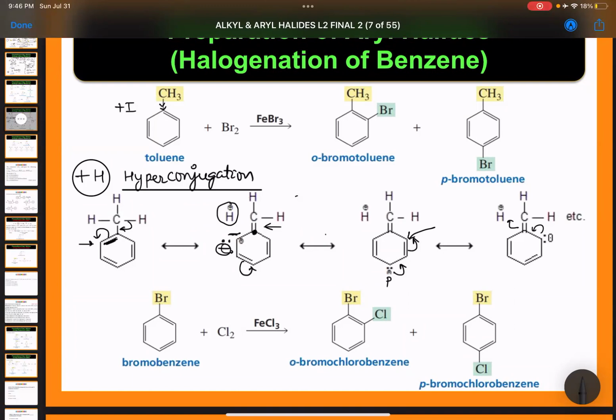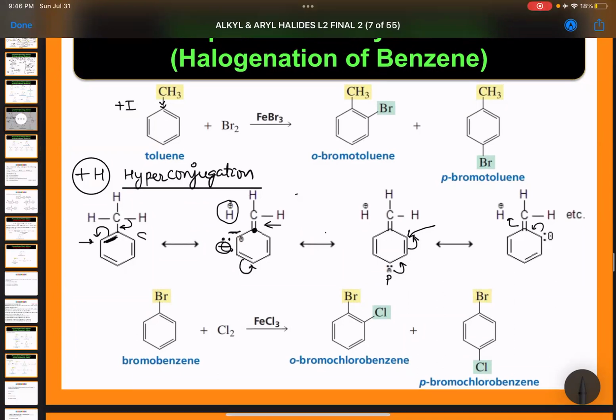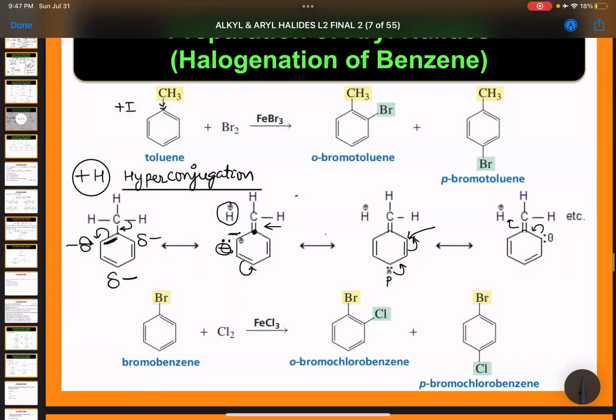You can clearly see that the electron density due to hyperconjugation will enrich the ortho and para positions more, because you need to draw the arrows, move the electrons, and see which positions are enriched more in terms of electron density. These are the ortho and para positions.